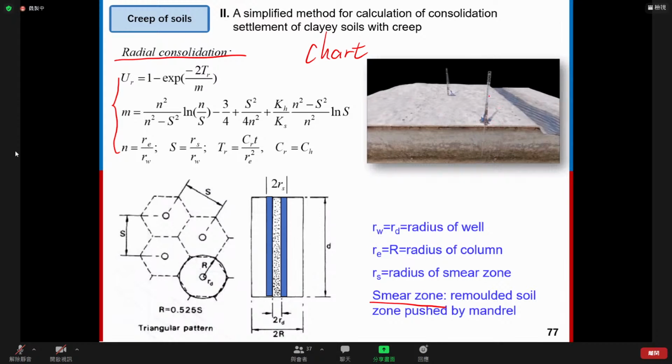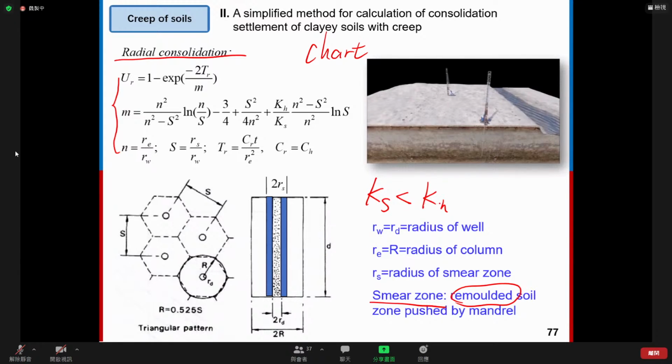The smear zone, because we penetrate the PVD using the mandrel, will disturb the surrounding soil. After remolding or disturbance, the permeability K of the smear zone will become smaller than its original state.